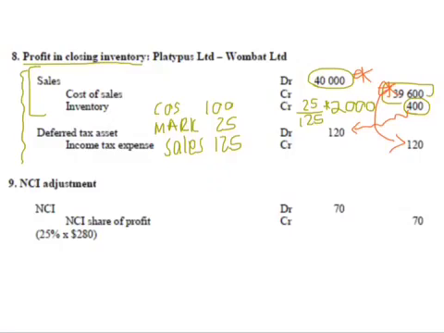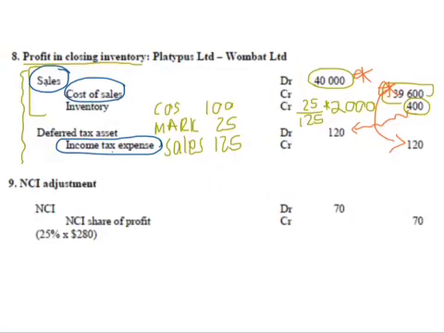What we then add to it, if there's NCIs, is that these accounts all form part of the profit figure of the subsidiary. Because it's the sales in the subsidiary, cost of sales of the subsidiary, and the income tax expense of the subsidiary. So if we adjust those balances on a group level, it means that we also have to adjust the NCIs.